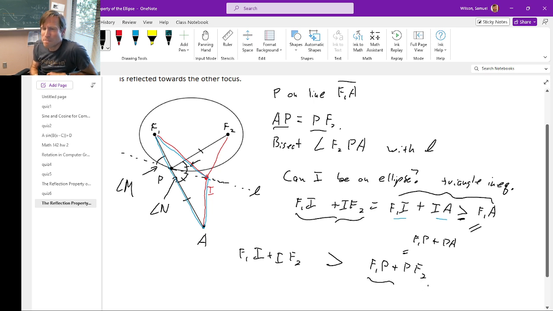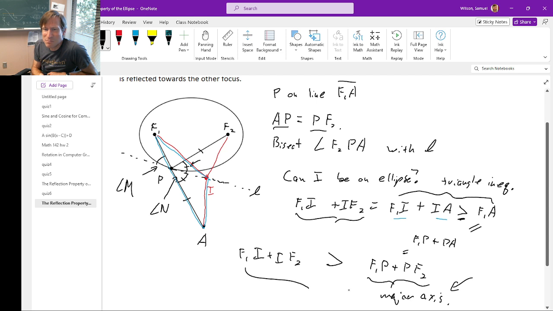But P is on the ellipse. So the distance from F1 to P plus P to F2, that is the major axis of the ellipse. So what we've found is that the distance from F1 to I plus from I to F2 is greater than the major axis.